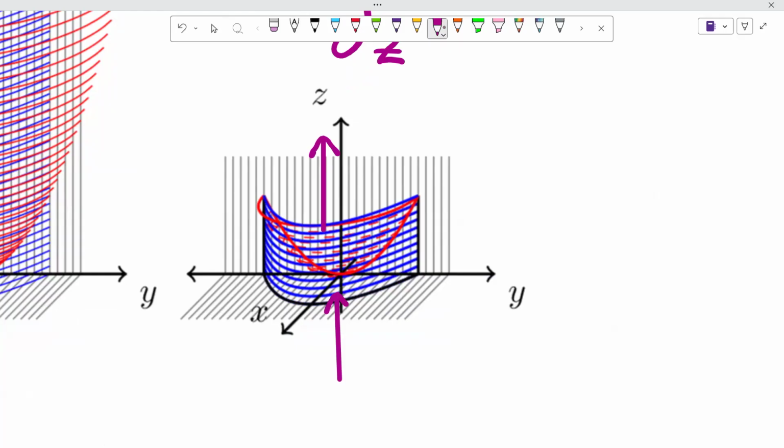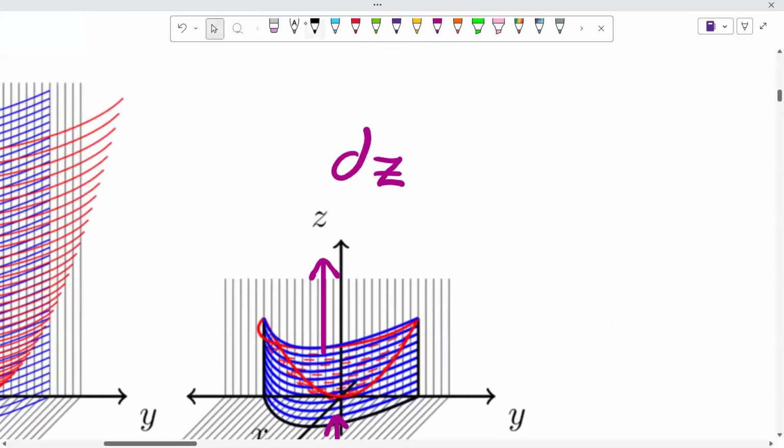And everywhere on this solid, the top surface is that red paraboloid. It is the top everywhere in the solid that we've made, including its intersection with the cylinder, which is at the very, very tippy top. But that blue and red paraboloid at the top will be shared by both surfaces. So we can still consider our red surface to be on top the whole way through.